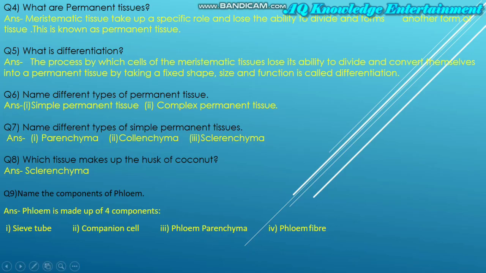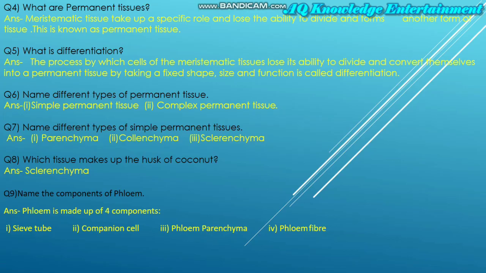The process by which cells of the meristematic tissue lose their ability to divide and convert themselves into a permanent tissue by taking a fixed shape, size, and function is called differentiation. Okay, so I hope you have understood what differentiation is.